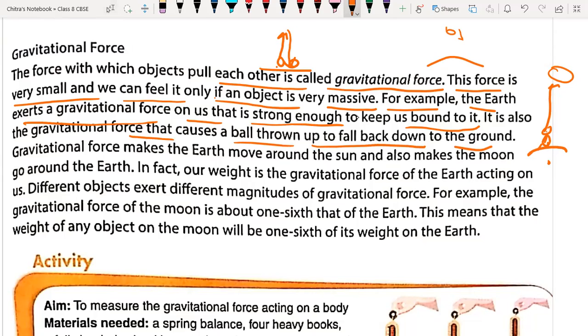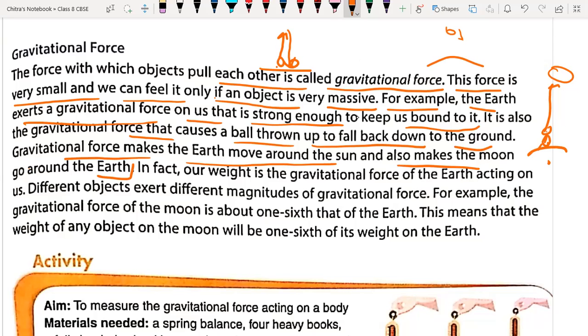The gravitational force also makes the earth move around the sun and the moon go around the earth. The earth revolving around the sun and the moon revolving around the earth is due to the gravitational force only.